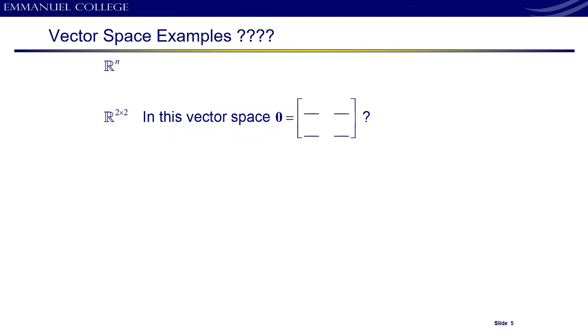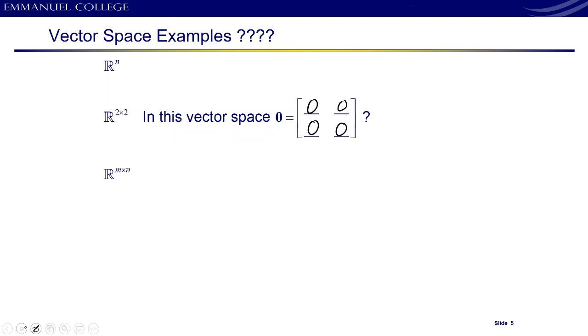If you're dealing with a 2 by 2 matrix, then I should just have to add a matrix of all zeros, and that will not change any entries. So this is what the 0 is for your 2 by 2 matrices.